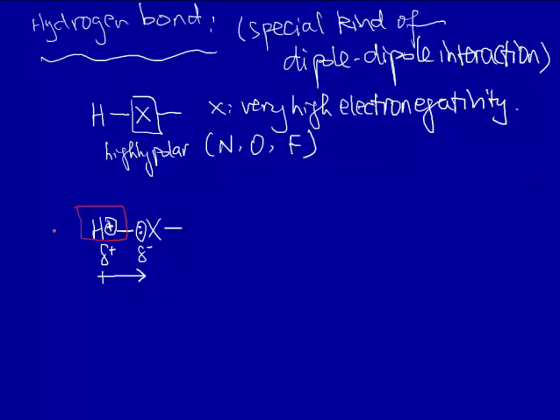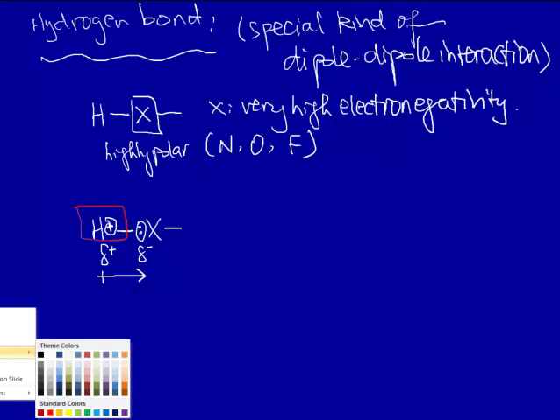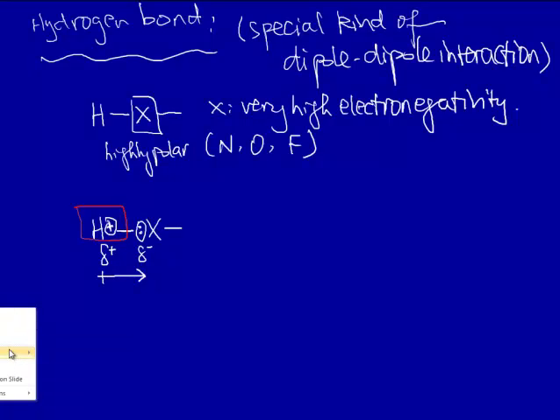So with any of those electron-rich X groups, this will bond to the other X, and the result will be very, very negative.